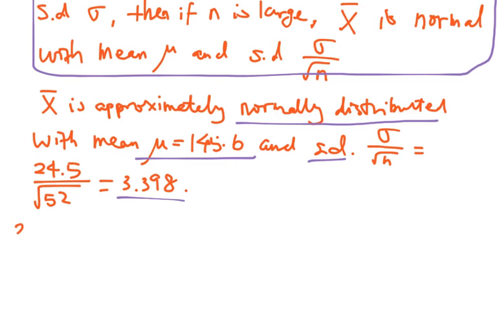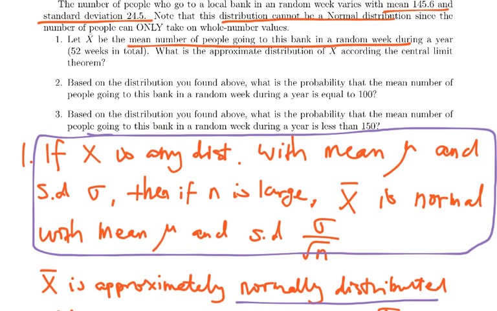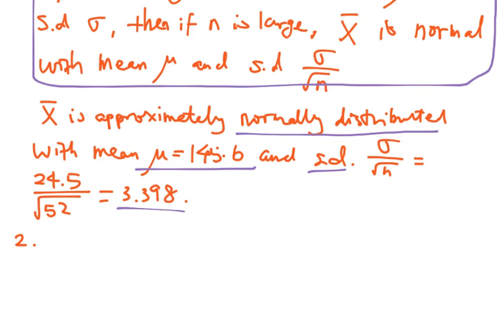For the second part, we want to know, based on the distribution you find above, which is the normal distribution, what is the probability that the mean number of people going to this bank in a random week during a year is equal to 100? That means we want to find the probability of x bar equal to 100.